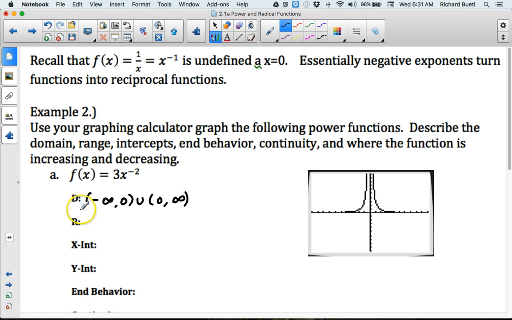The range, since this is essentially an even exponent, is still going to work out to be the same as it was before when the exponent was even, and it'll go from 0 to infinity. There are no x-intercepts or y-intercepts because of the asymptote happening at the center of the graph, so we can just write not applicable, or NA, and NA.